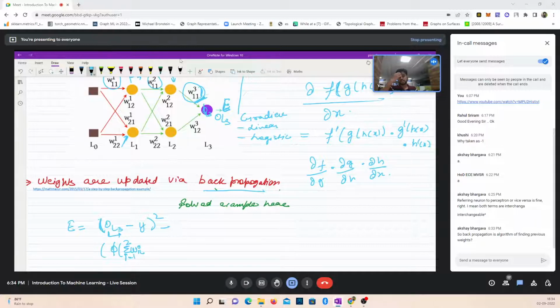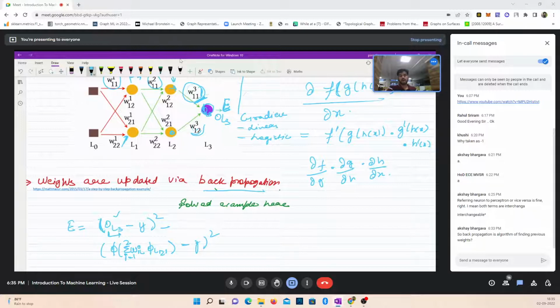So this output of L3 can be replaced by the activation of this neuron. And what is the input to this neuron? It is the activation of this neuron times W11 and the activation of this neuron times W12.